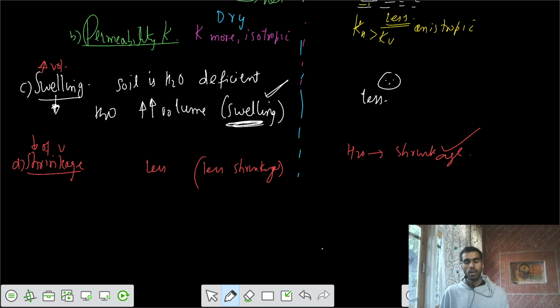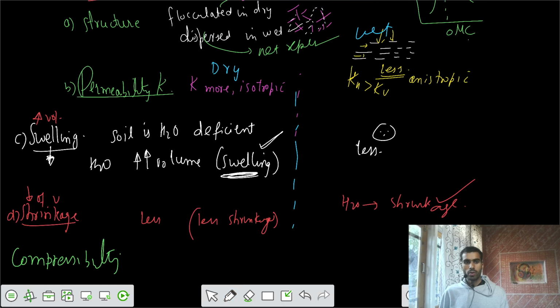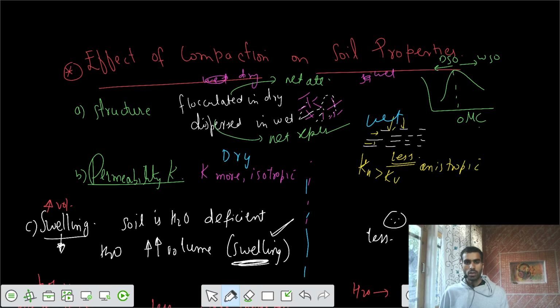Let's go for one more property, that's compressibility. We see that on the dry side we have flocculated structure, and it offers more resistance to compaction.